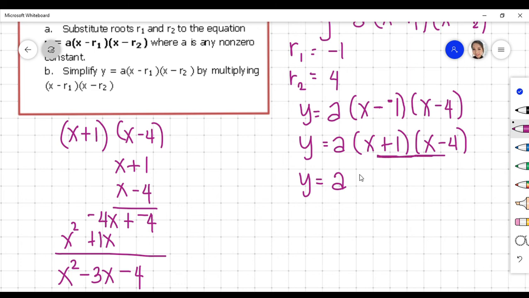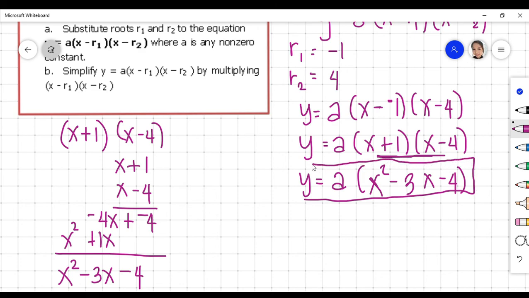So the product of the two binomials here is x squared minus 3x minus 4. Okay, so this is actually the general equation for our example here, if we have the zeros negative 1 and 4.